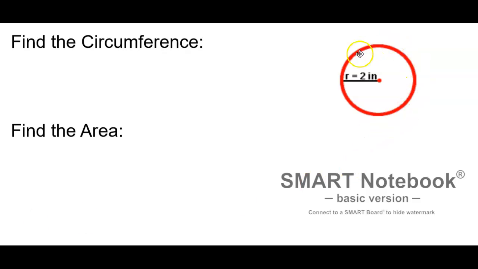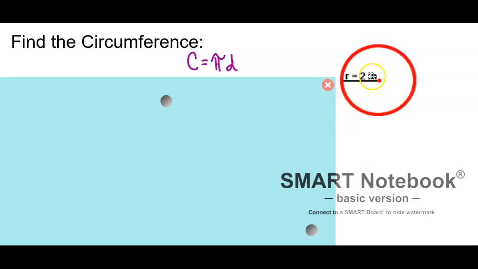We're going to find the circumference of our circle. We know our radius is 2 inches, but we just learned our circumference equation needs our diameter. If my radius is 2 inches, how long is my diameter going to be? Remember, a radius is half of the diameter, or the diameter is 2 radiuses. So my diameter is going to be 4.